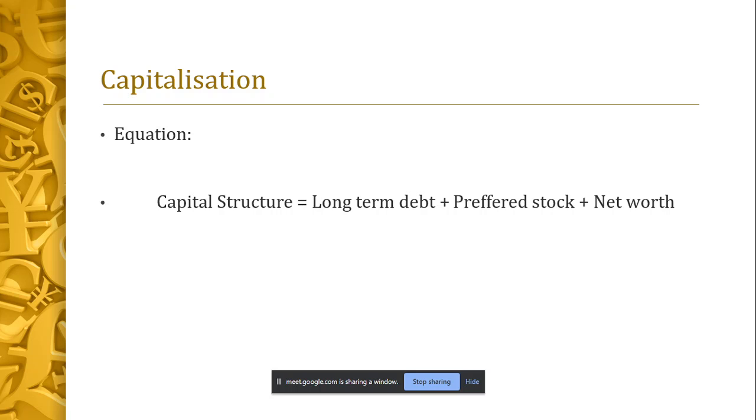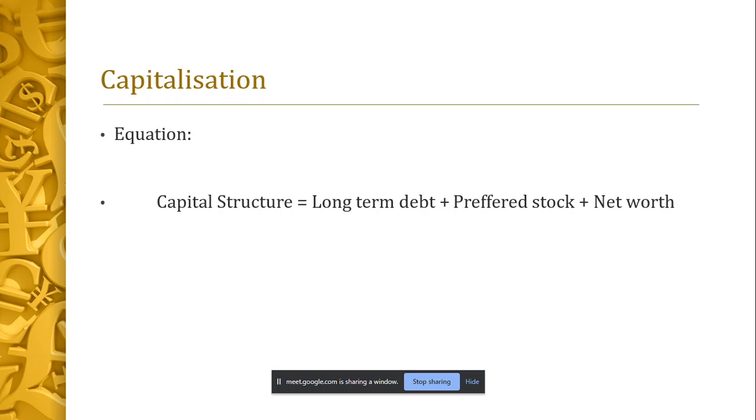Now there is one simple formula how we can understand how to calculate the capital structure. Now the capital structure is nothing but your long-term debt that your company owes to others along with the entire preferred stock and also your net worth. All this together makes the capital structure.